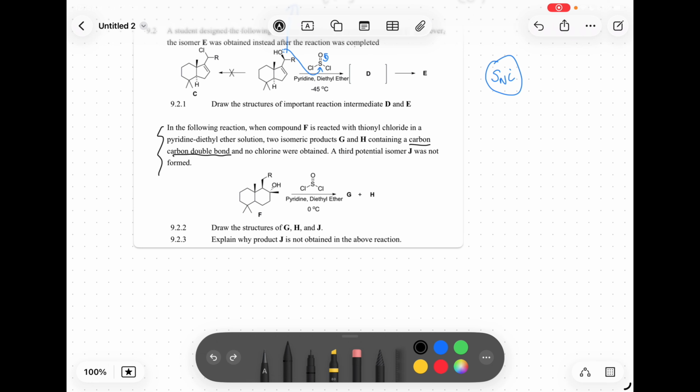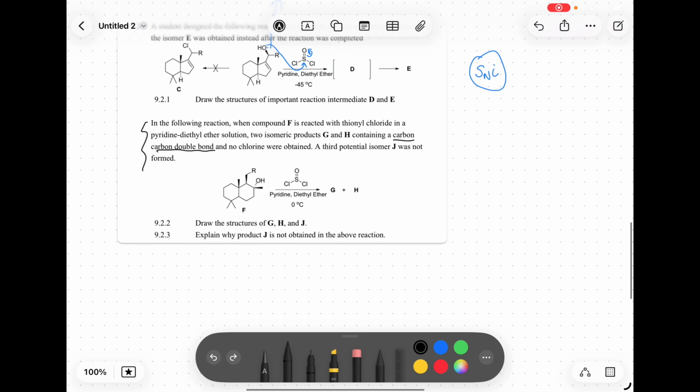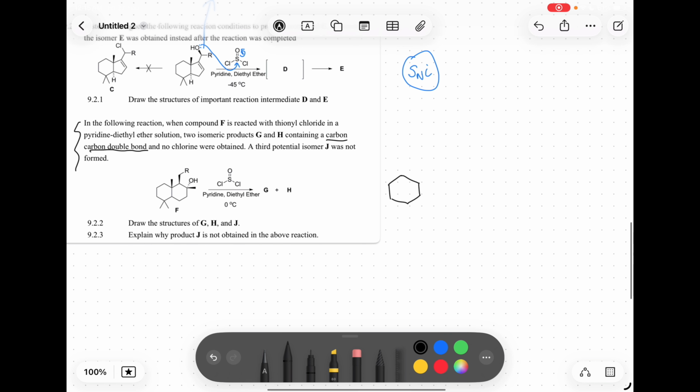So we know that a double bond is to be around there somewhere, and it's a carbon-carbon double bond. So that doesn't really leave us with a lot of choices. So let's just draw out all 3 compounds first, and then we can label them with their respective letter. Anyway, the question is asking us to do that.